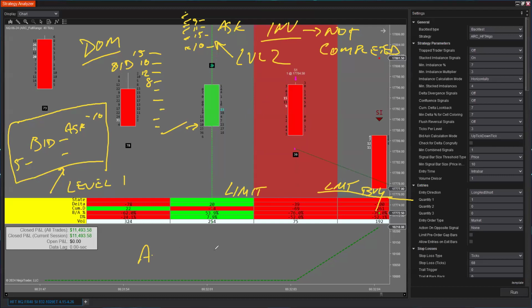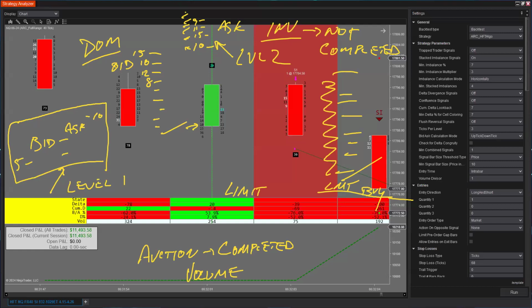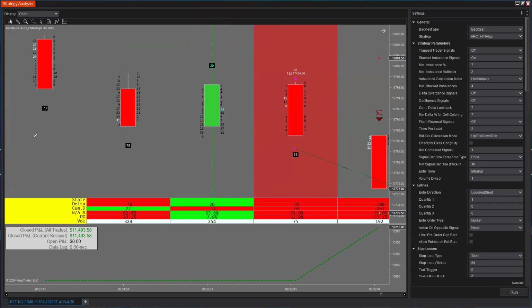If you've ever seen the time scale, some people call it the ticker, you'll have a ton of orders coming in fast and furiously, right? The time and sales is the completed orders. So in the dome, you have the inventory, and in the time and sales, you have the auction.